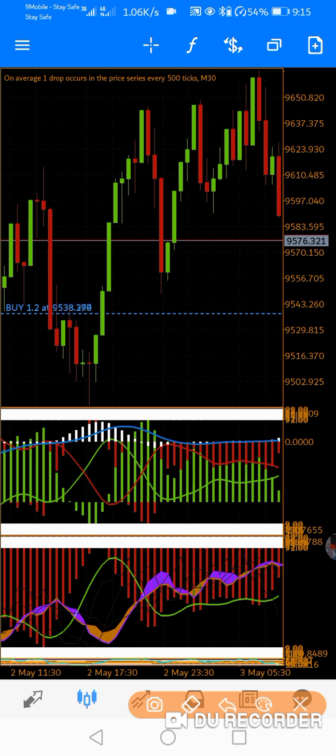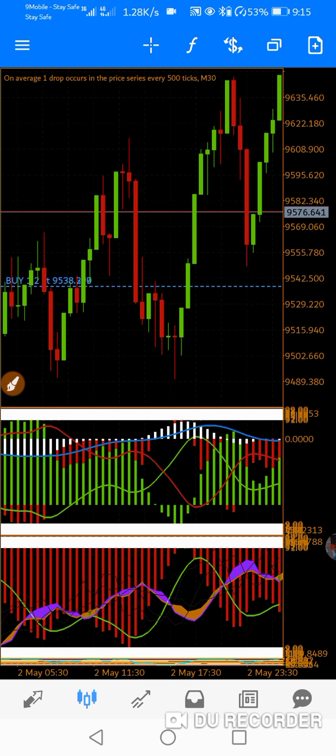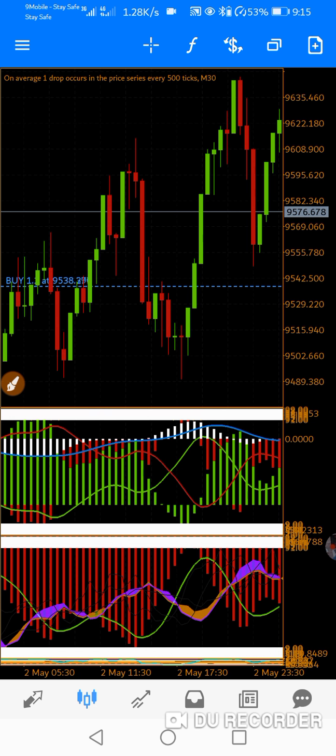So this is it. You wait here. What you're going to do now is this: when this green intersects with the red, it doesn't mean you should buy at that zone. Why I said so is because we have so much manipulation here. Do you understand? Now look at how it is. Now where do you pick your signal?